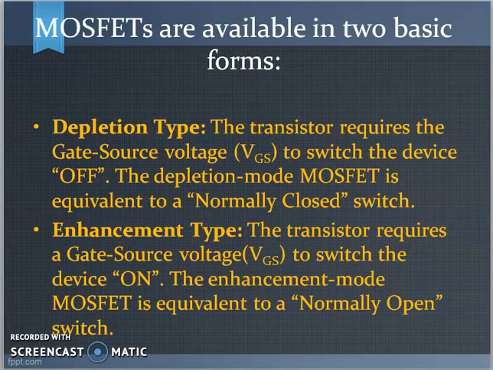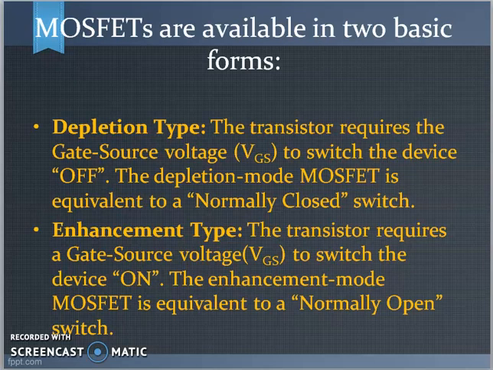It is available in two basic forms. One is the depletion type, another is the enhancement type. In depletion type, the transistor requires the gate source voltage to switch the device off.